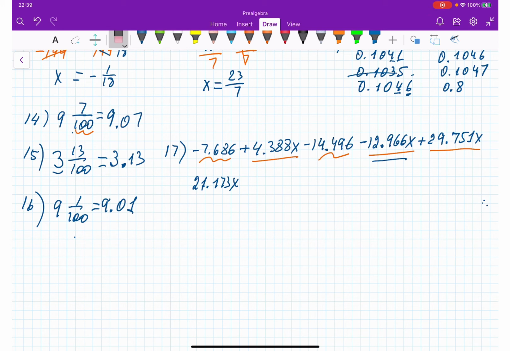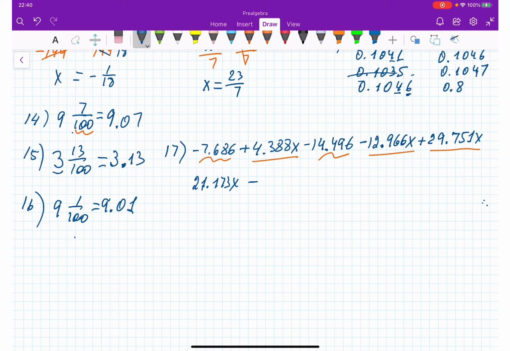Now let's combine other like terms. Two like terms that are negative without x. Since both of them are negative, it's going to be negative, but I'm adding them, because two negative numbers we add and put the sign negative, right?